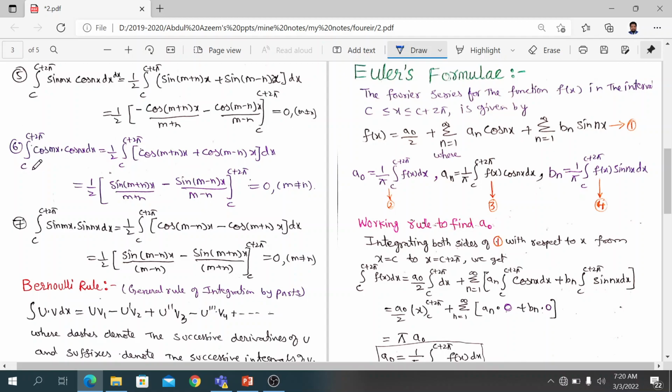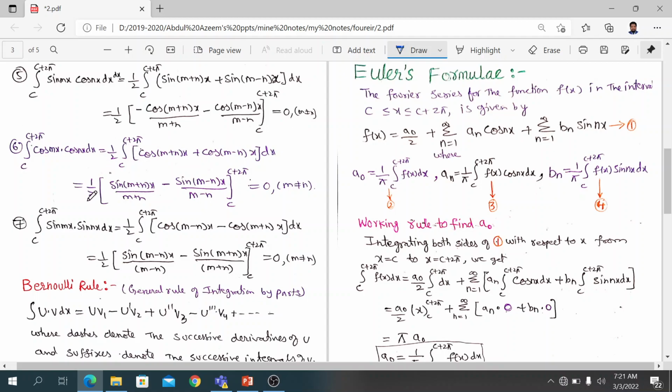Next, integration from c to c plus 2 pi of cos mx cos nx dx. So this I can write as 1 by 2 of cos of sum plus cos of difference, that is cos (m plus n)x plus cos (m minus n)x dx.